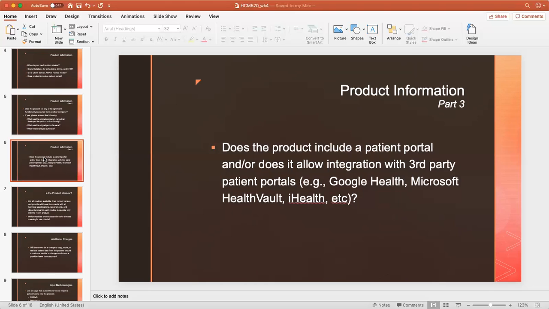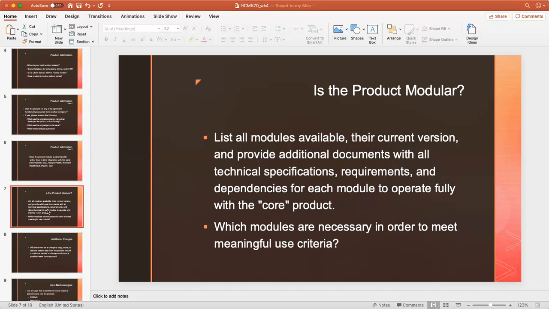There are lots of them out there. Okay, you want to make this as easy as possible for both patients as well as your clinicians, because that's what we do.